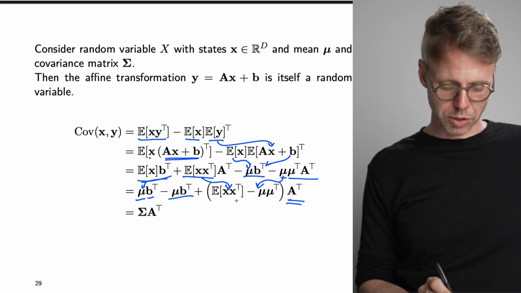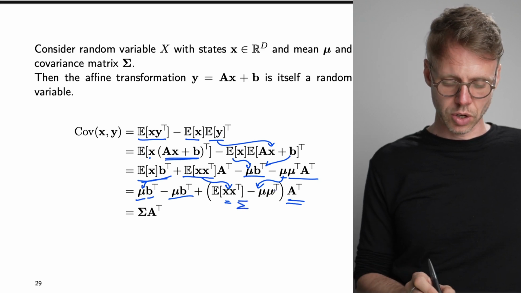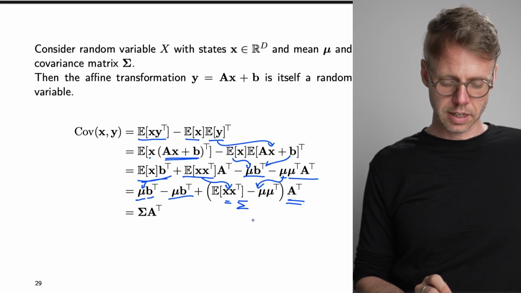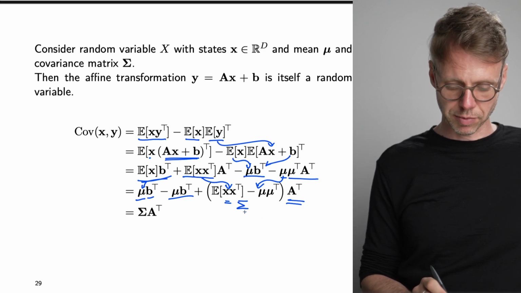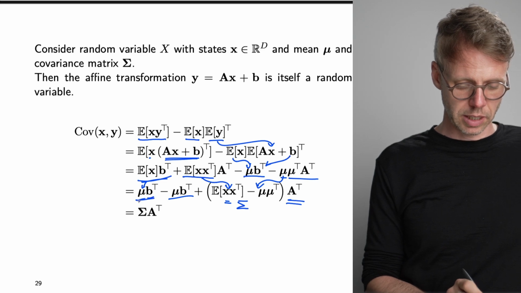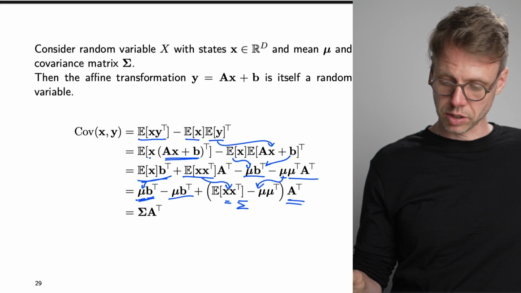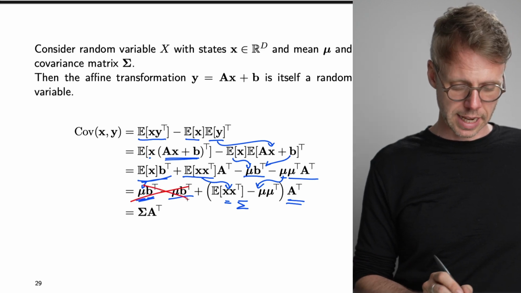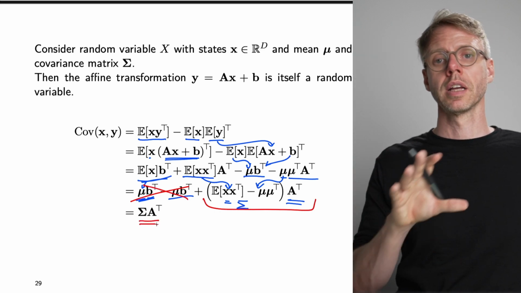Now this is equal to the covariance matrix of x, which means that we are left with sigma times A transpose, and here we have mu b transpose minus mu b transpose. So this part cancels, and we're left with this part only, which is equal to sigma A transpose.